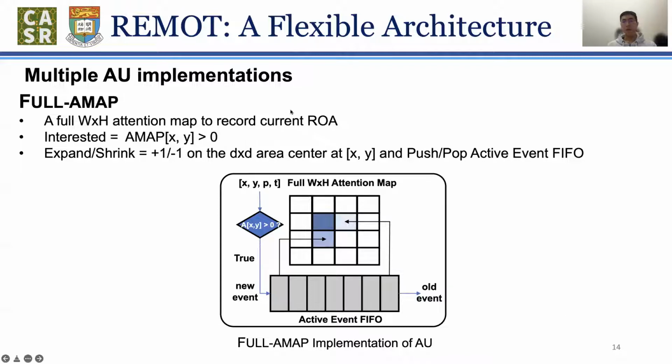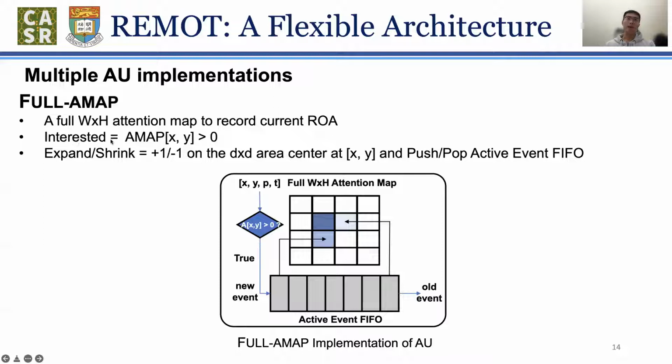For the first AU implementation, we use a full width times height storage to record the current attention map. It's easy to see that it does not consider the sparsity of the event data, but it's a straightforward implementation.